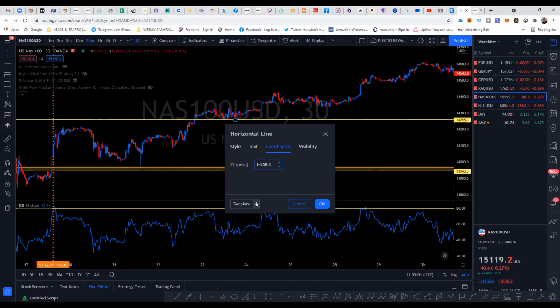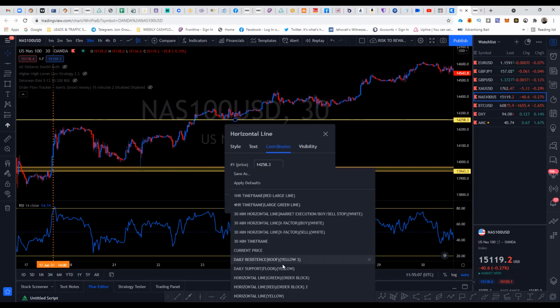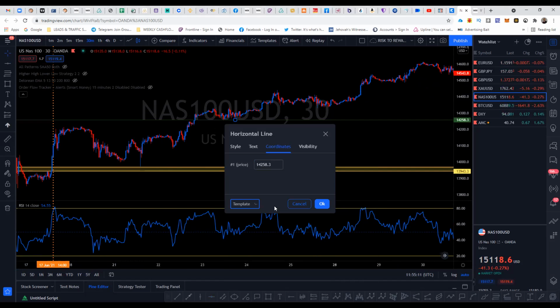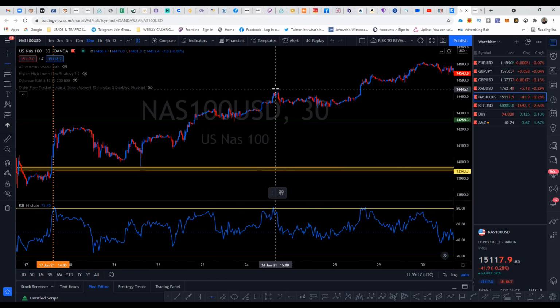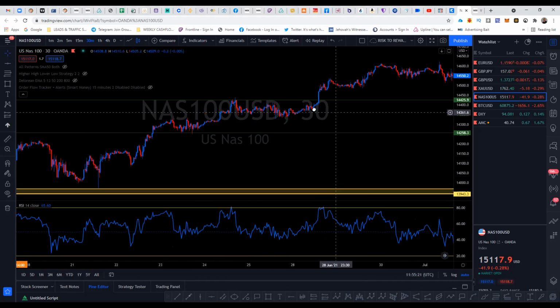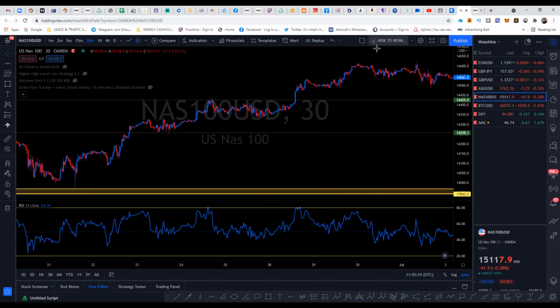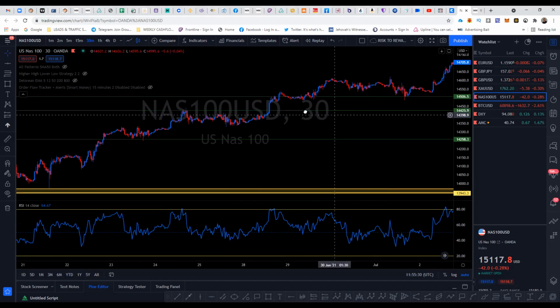We're going to do a different zone color, so I'm going to just do green. Then I saw some huge wick action here. Saw some right here.